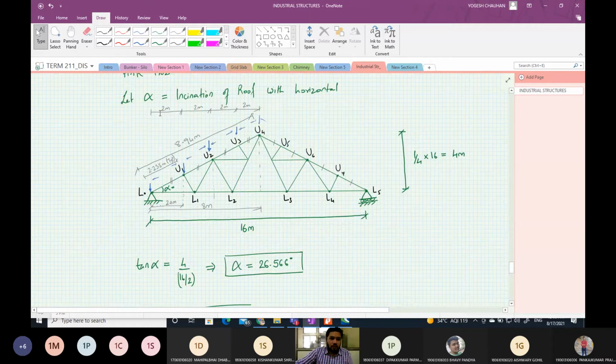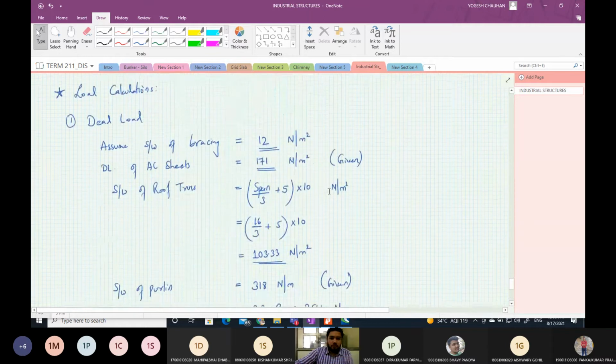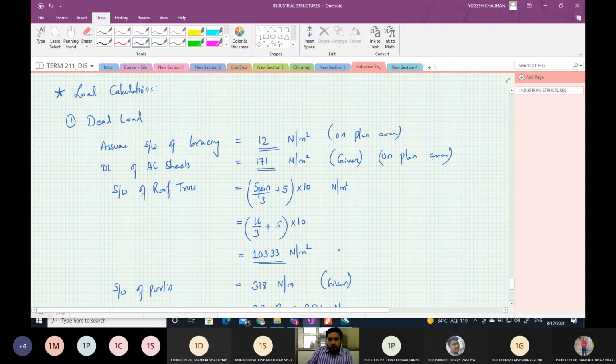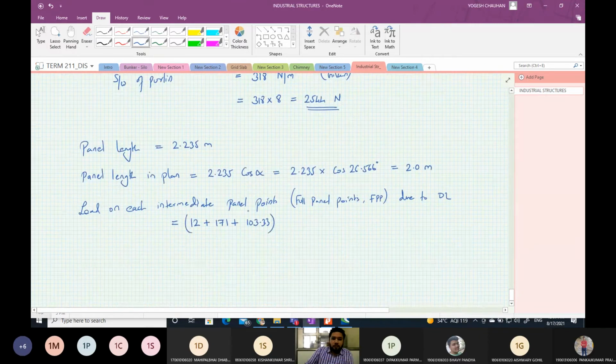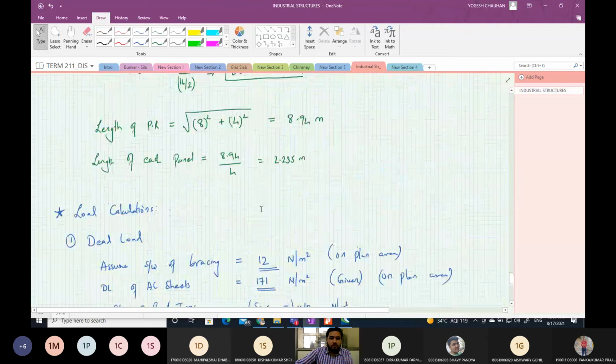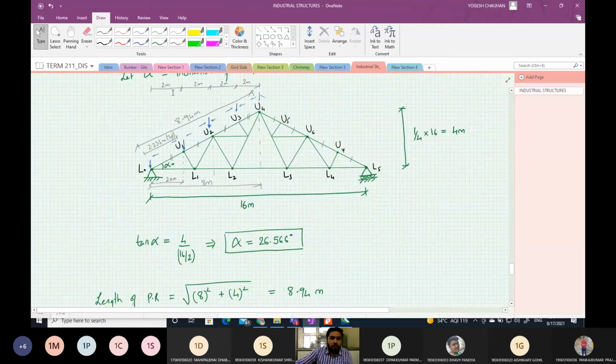So these are on plan area, so multiply them with the plan area.